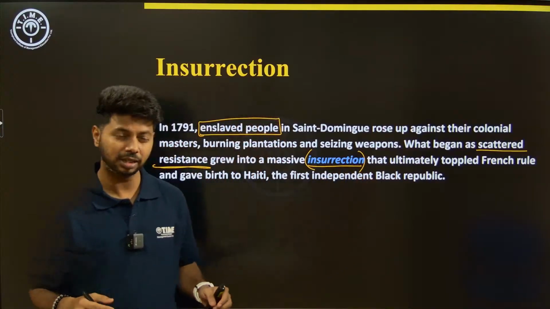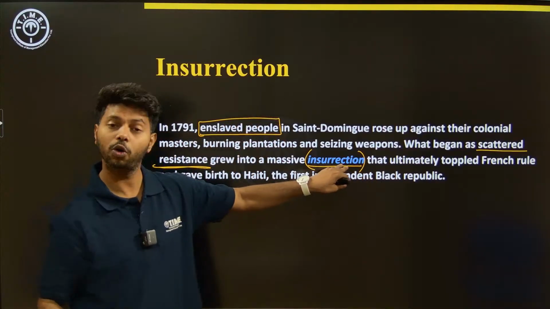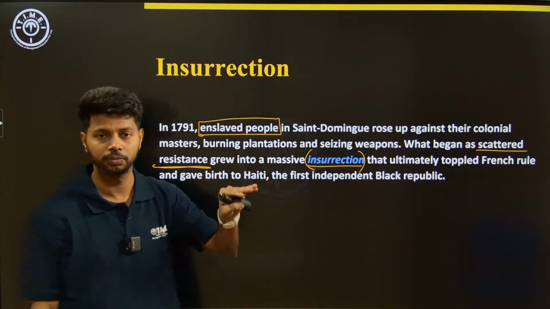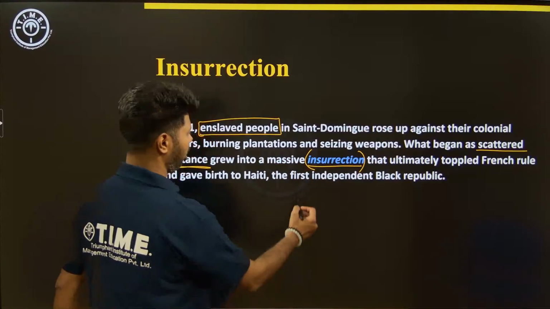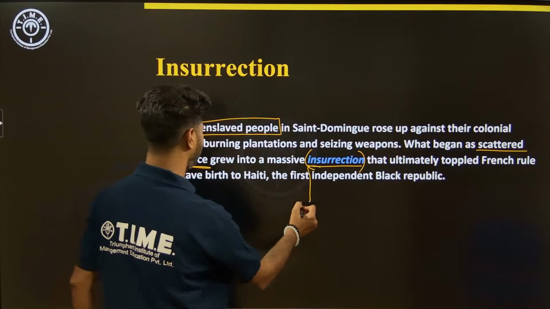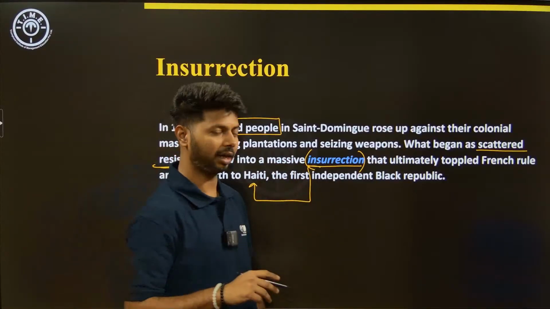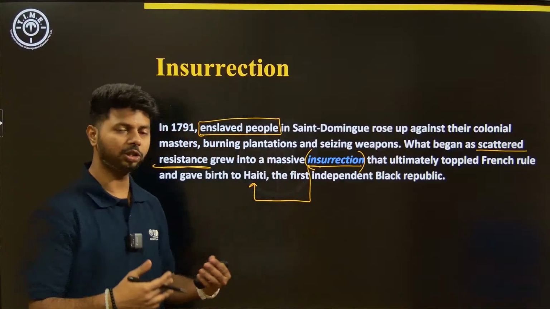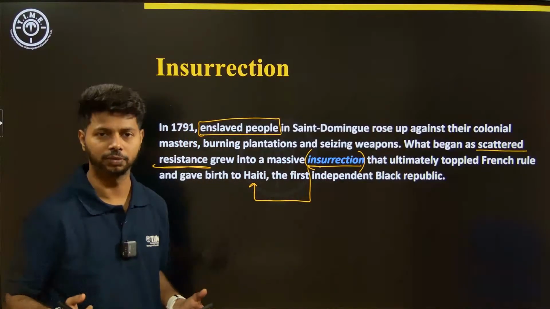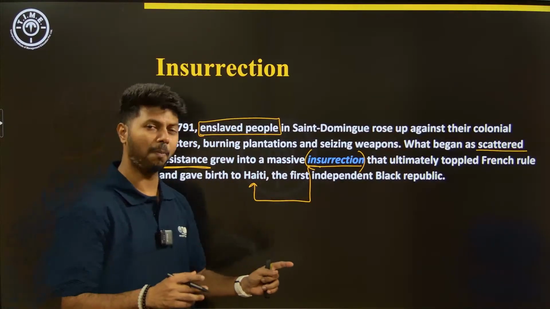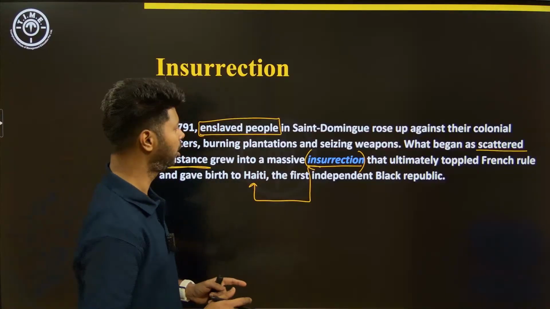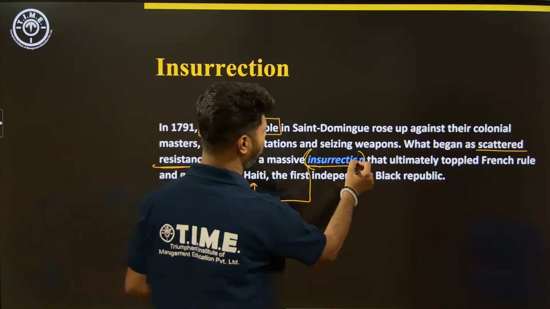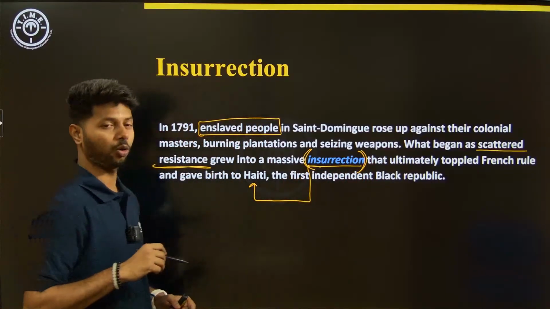So what that tells me is the scale of insurrection is huge. Why? It led to the birth of a nation. The birth of a nation cannot happen in isolation. It has to be a massive movement for that to happen. So therefore, the scope and scale is quite big.